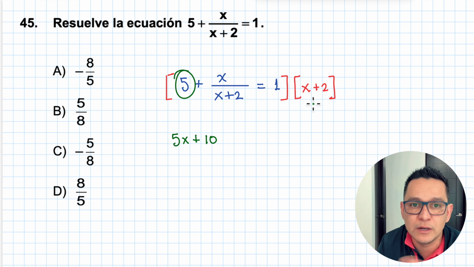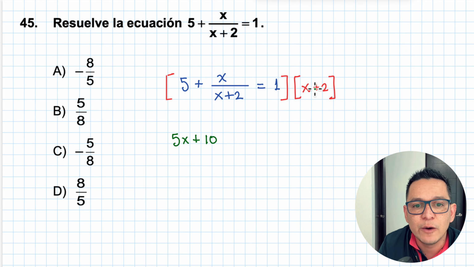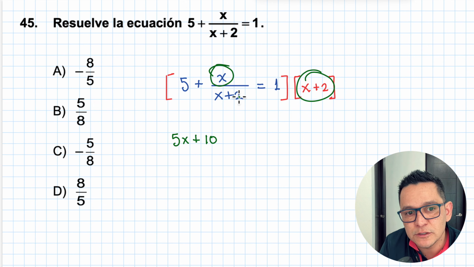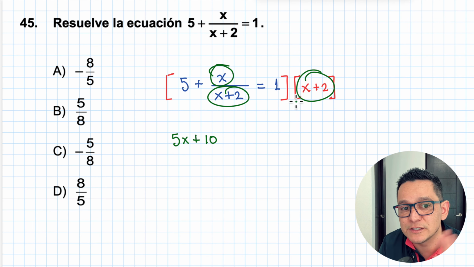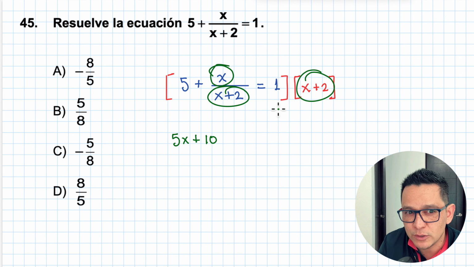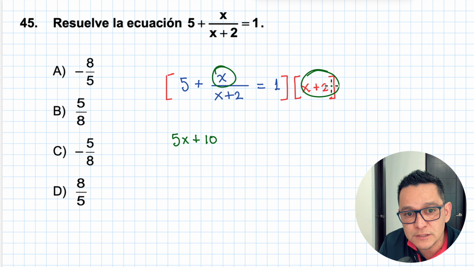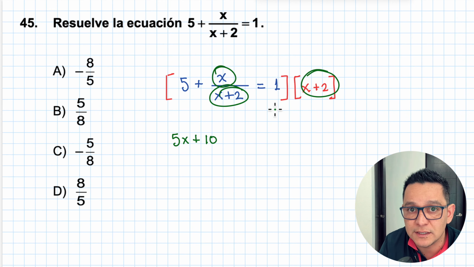Or, well, x plus 2 times 5. Now see what's going to happen here. I'm going to have x, which will multiply by x plus 2. But then it's going to be divided by x plus 2, right? So in this case, I could cancel the x plus 2 with the x plus 2 if you're following me on that, right? Remember, I would be multiplying x by x plus 2 and then dividing it by x plus 2.